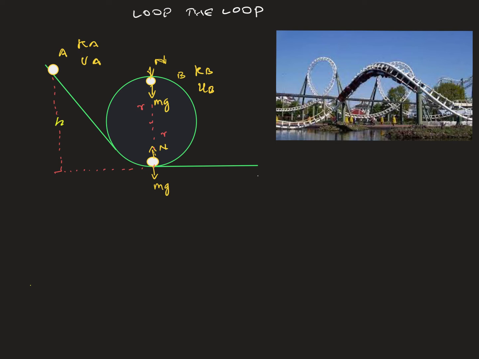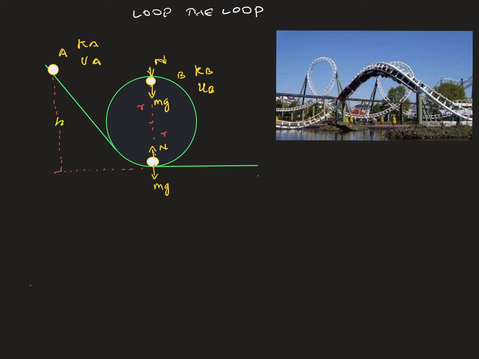So let's write the equations. The kinetic energy here at this point is Ka, and the potential energy is Ua, and the kinetic energy here is Kb, and here is Ub. If you use the conservation of energy, the energy here is the same as here. So what is Ka?